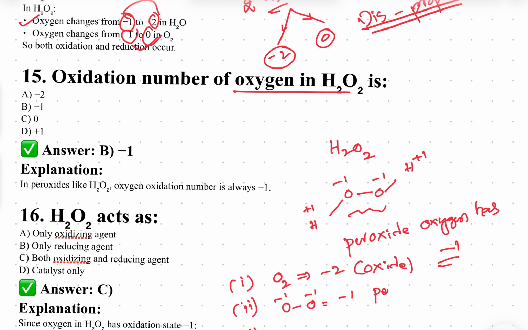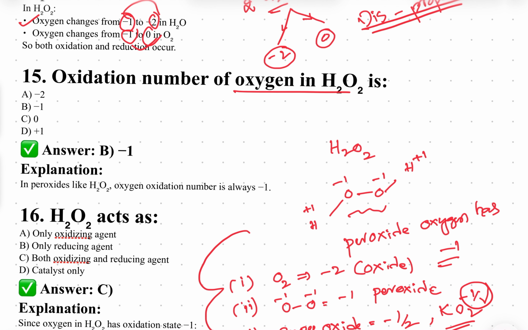That is peroxide. One more is superoxide, very important. Superoxide oxygen is minus 1/2. For example, in KO2, oxygen is minus 1/2. So this is important.